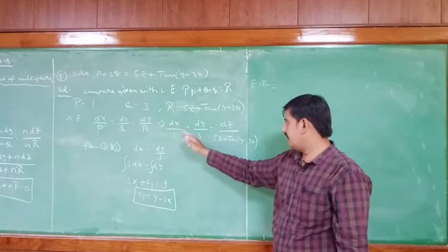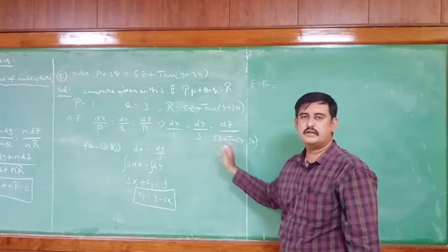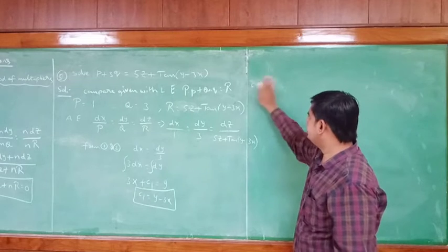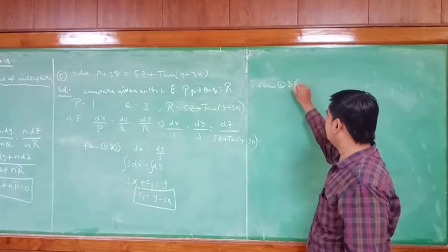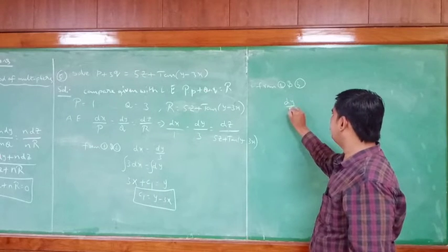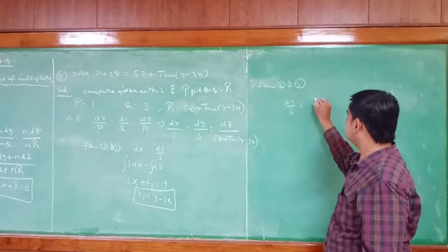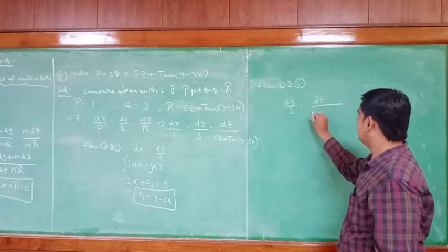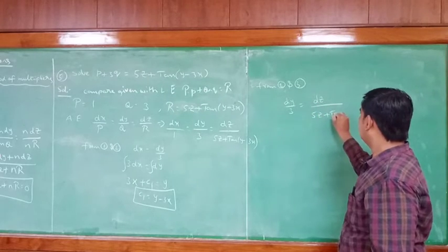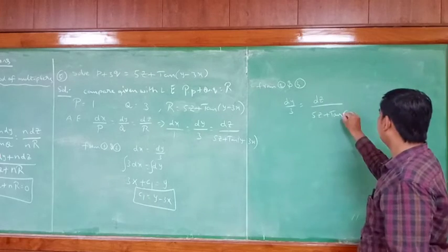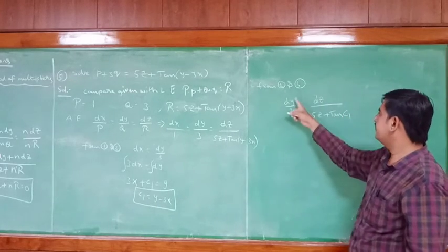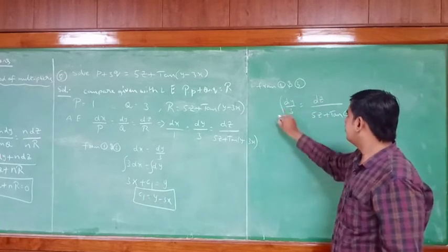Now I can take 1 and 3 or 2 and 3. Let us take 2 and 3. What is my equation 2? dy by 3. What is my equation 3? dz by 5z plus tan of, what is my y minus 3x value? It is c1, so I am writing c1 here. Now you can integrate easily.